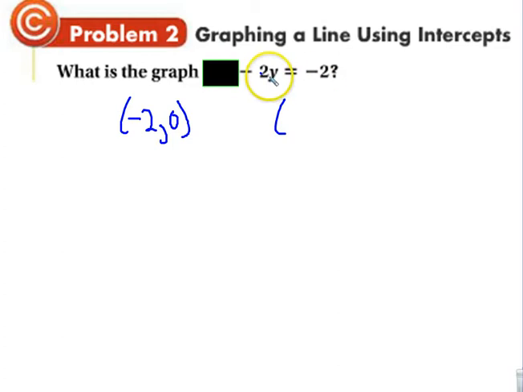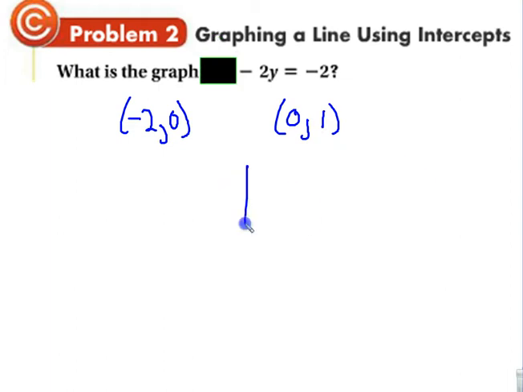We have to divide both sides by -2, so y is equal to 1. So for the x-intercept, I cover over the y value, and for the y-intercept, I cover over the x value. Pretty straightforward. x equals -2. -2y equals -2, divide both sides by -2, y is equal to 1.